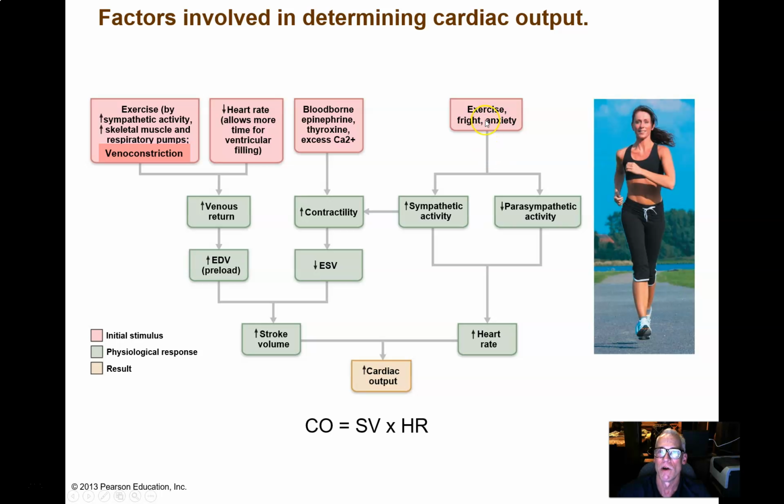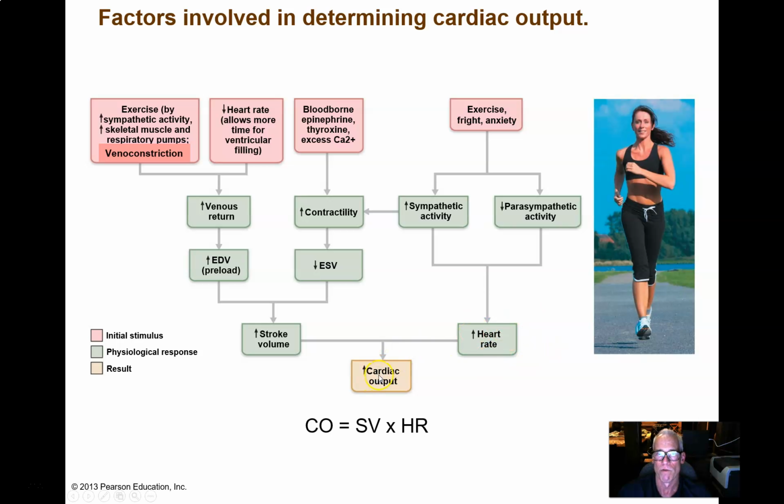How about the heart rate story? If you activate the sympathetic nervous system due to anger, excitement, anxiety, exercise, increased sympathetic nervous system activity drives up the heart rate. If you drive up the heart rate, you have more beats per minute. Each one has its own unique stroke volume. Add them all together, and you get a higher cardiac output until you reach some very, very high heart rate. Your heart rate can't go up over around 200 beats per minute because beyond that, it's not effective at all in increasing cardiac output.